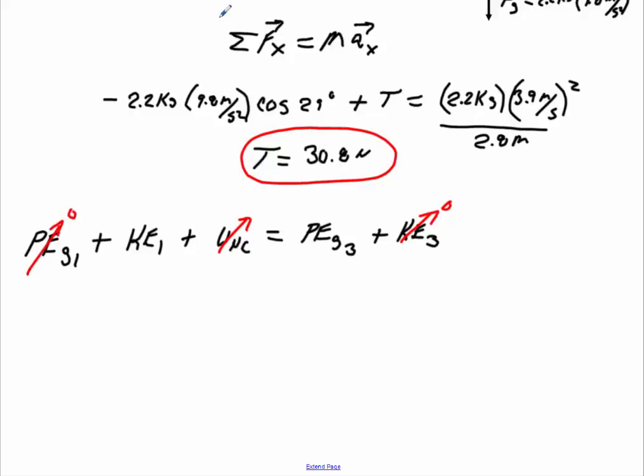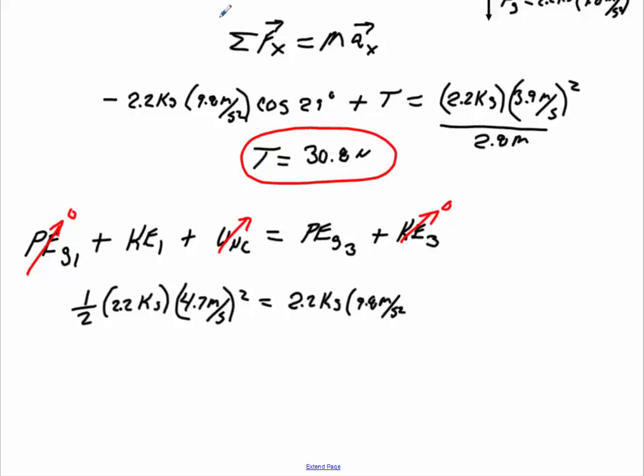So all I'm going to have here is 1/2 times 2.2 kilograms times my velocity, which I believe was 4.7 meters per second, squared, is equal to my mass, 2.2 kilograms, times 9.8 meters per second squared times 2.8 minus 2.8 times the cosine of theta, because I don't know the angle at this time.